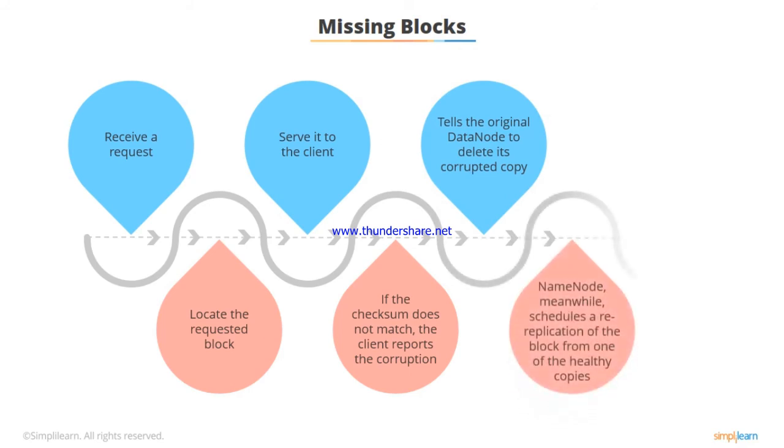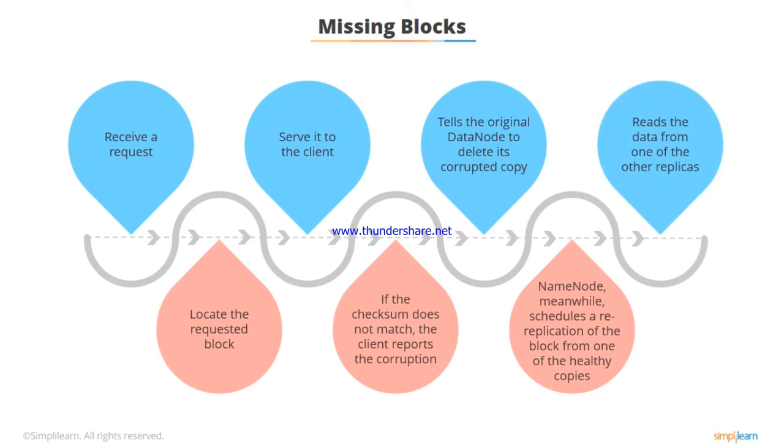The NameNode, meanwhile, schedules a re-replication of the block from one of the healthy copies, and then tells the original DataNode to delete its corrupted copy. So although you may see corrupt blocks reported on your cluster from time to time, that does not necessarily mean that you have lost data.